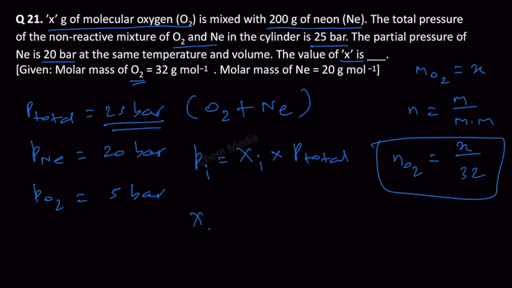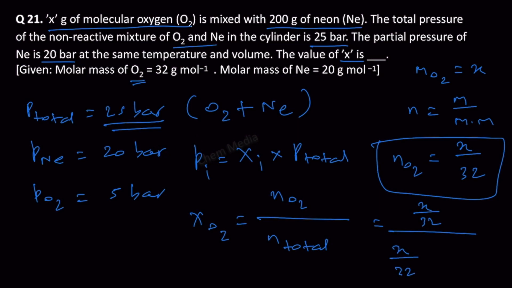So mole fraction of O2 is equal to number of moles of O2 divided by total number of moles of O2 plus neon. So therefore, this is equal to X divided by 32 whole divided by X divided by 32 plus mass of neon 200 gram divided by molar mass of neon, that is 20 gram.